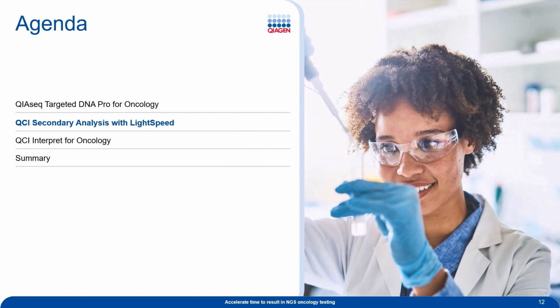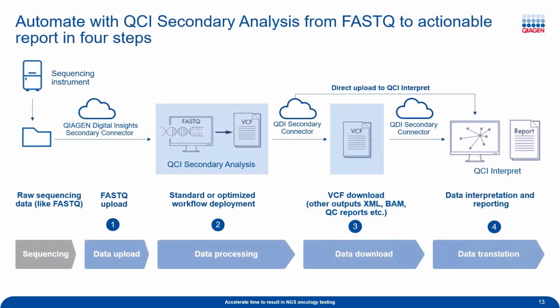This now brings me to the next step in the sample to insight workflow, which is our secondary analysis. When it comes to secondary analysis, in addition to CLC Genomics Workbench, we also have a cloud-based solution through QCI secondary analysis. This is where we can automate all your manual steps, so all you have to focus on is generating high-quality reports.